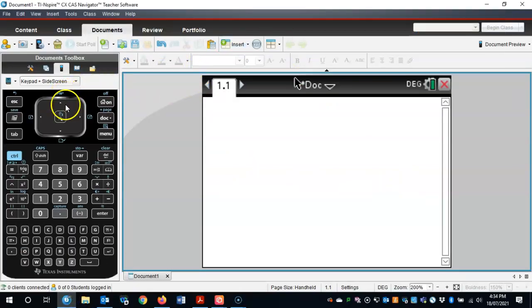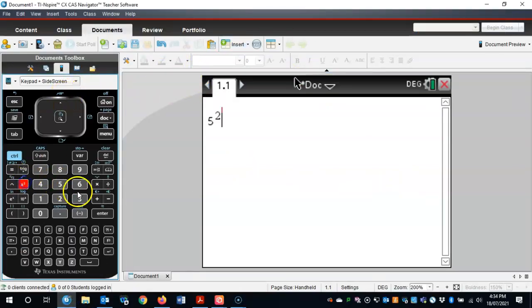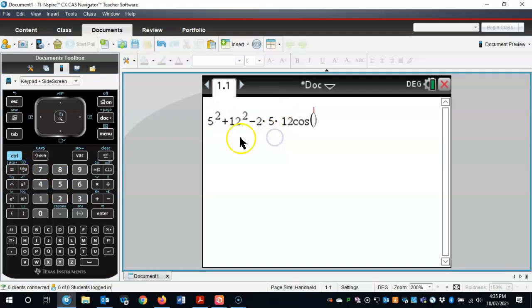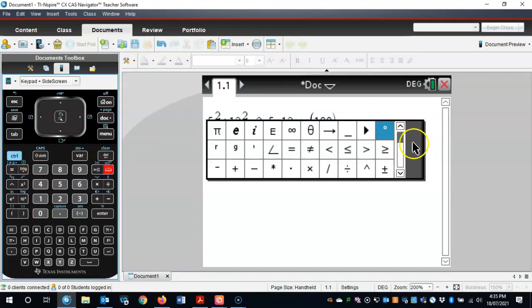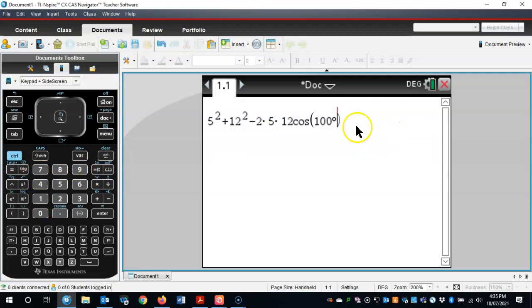5 squared plus 12 squared minus, now in an exam you may or may not write this out, it's up to you. I write it out to help clarify it for us all, because I'm switching between two screens.